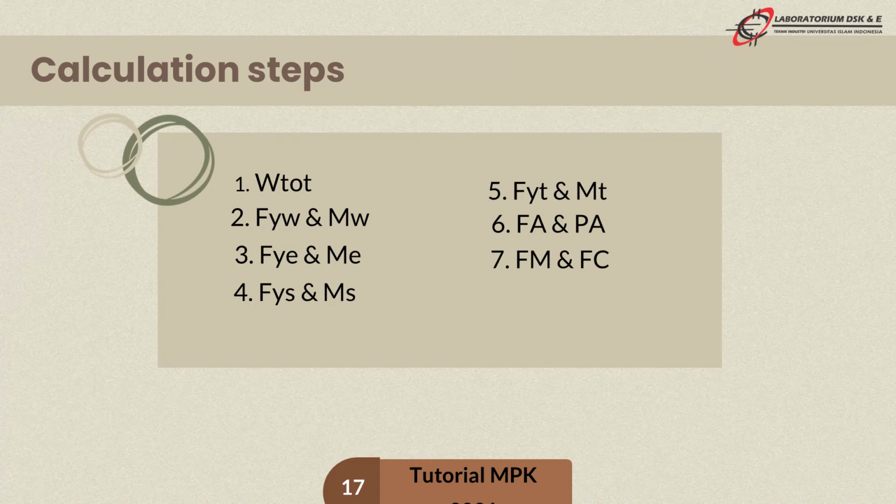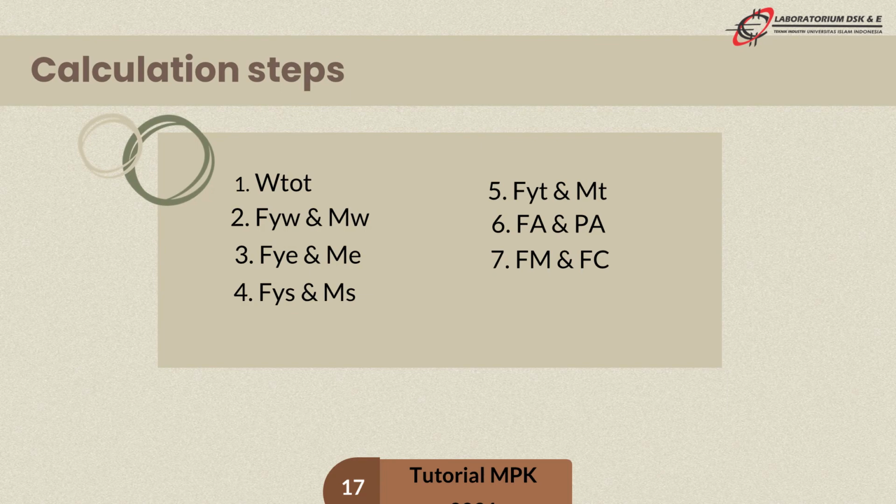And the steps are: the first, you can calculate the W total, and then you can calculate the FYW and also MW, and the third is you can calculate the FYE and also ME, and the fourth is you can calculate the FYS and also MS. Fifth, you can calculate FYT and MT. Sixth, you can calculate FA and also PA, and the seventh, you can calculate the FM and also FC.